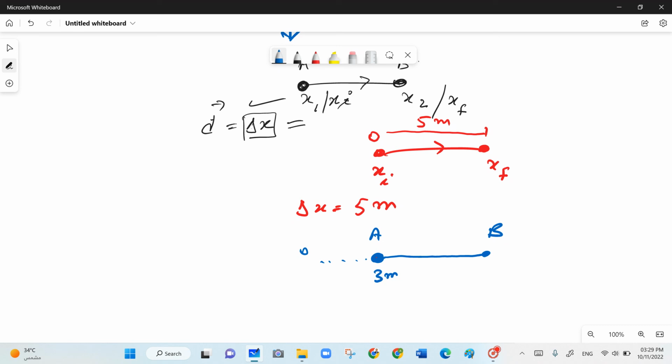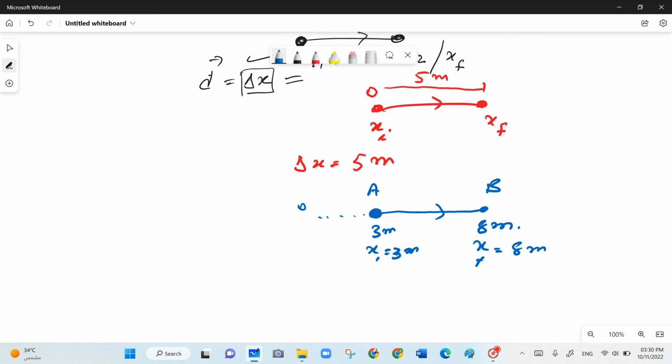At position B it is, for example, at 8 meter. In x notation, xi, the initial position, is 3 meter, and xf, the final position, is 8 meter.